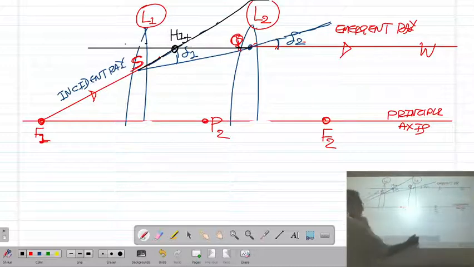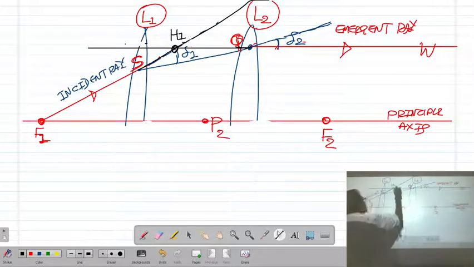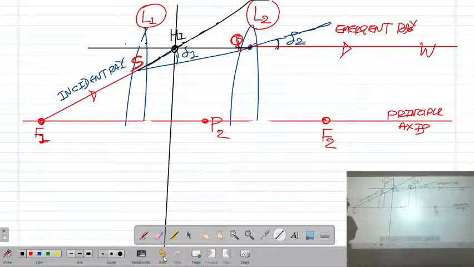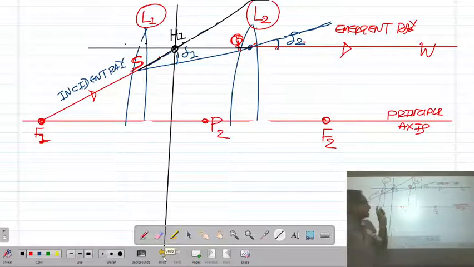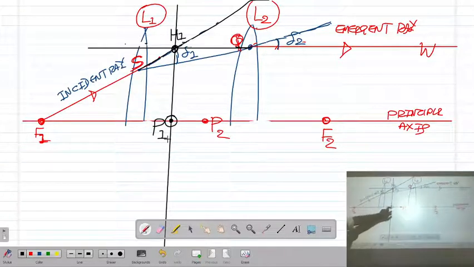The plane passing through point H1 and perpendicular to the axis is called the first principal plane, and this point P1 is called the first principal point.